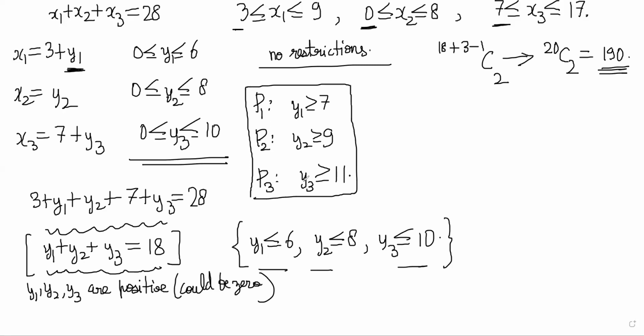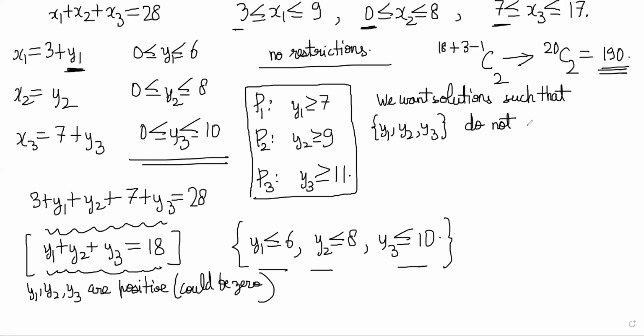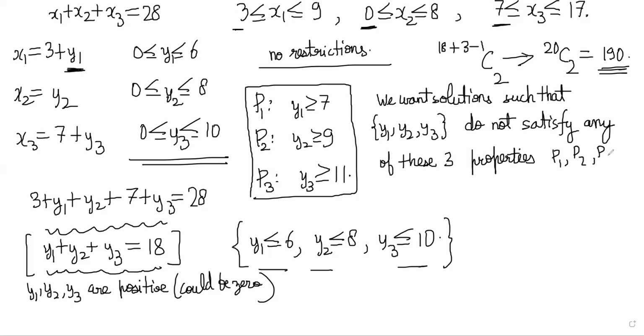Because we want solutions such that y1, y2, y3 do not satisfy any of these three properties, P1, P2, P3.